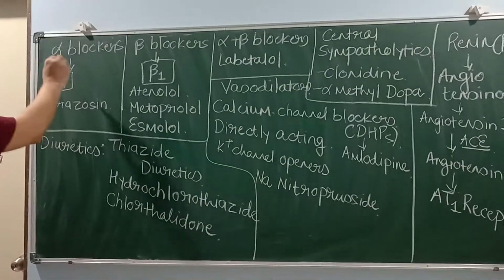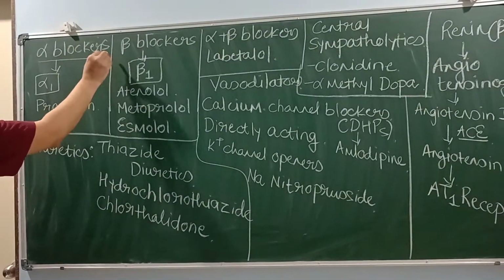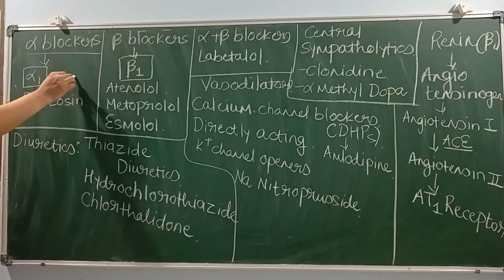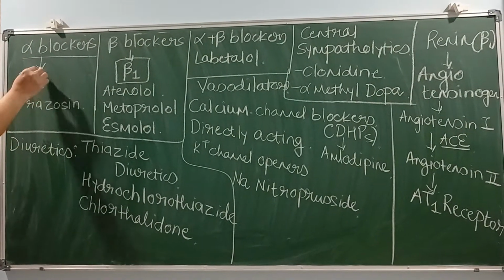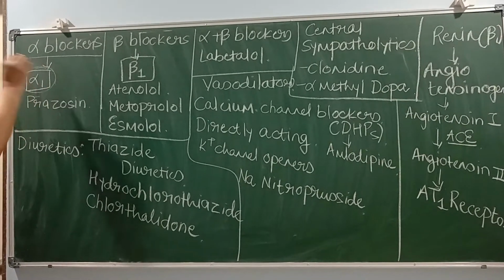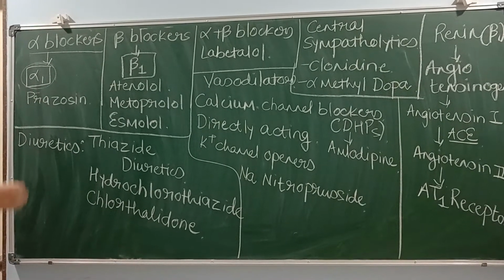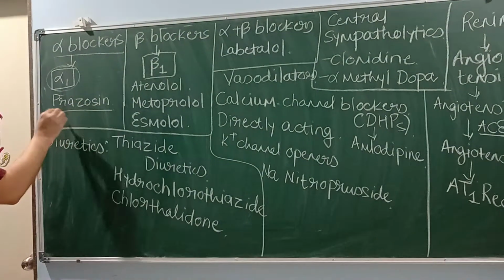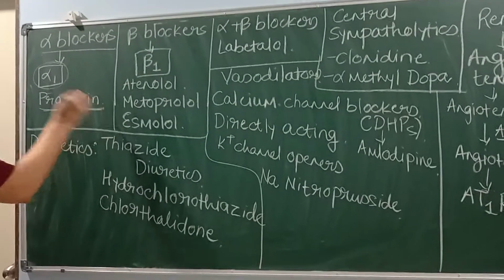First, the alpha and the beta blockers. In the alpha, you know that there are two types of receptors, alpha 1 and alpha 2. If you block the peripheral alpha 1 receptor, then the blood pressure reduces, and these are prazosin, terazosin, doxazosin. Prazosin is a prototype drug.